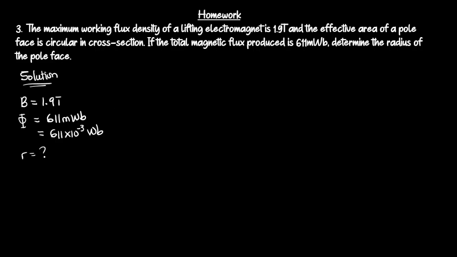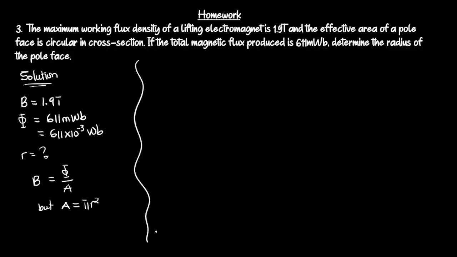The radius is what we do not know, but we know that the magnetic flux density B is equal to phi over cross-sectional area. But in this case, since we are dealing with an effective area of a pole having a circular cross section, our area will be equal to pi r squared.